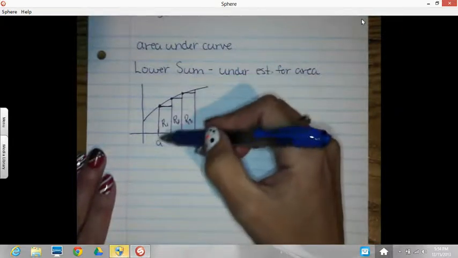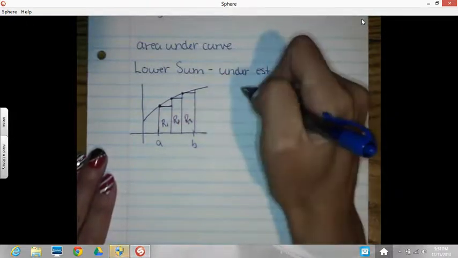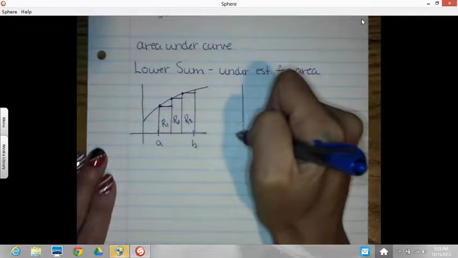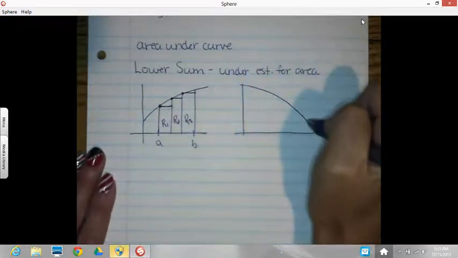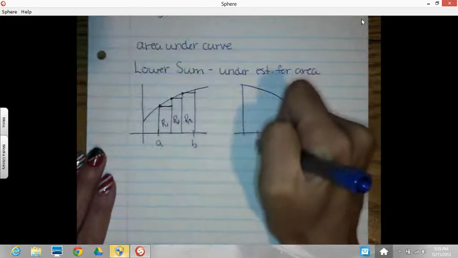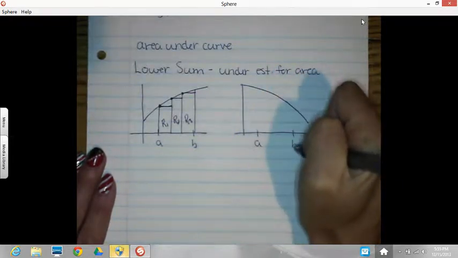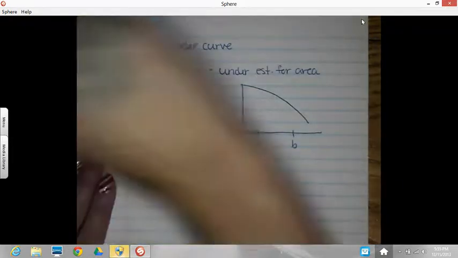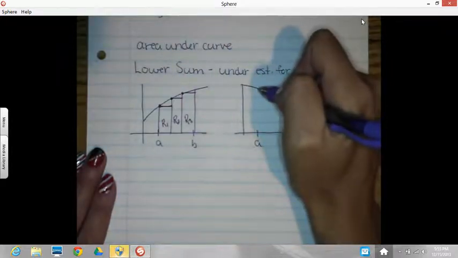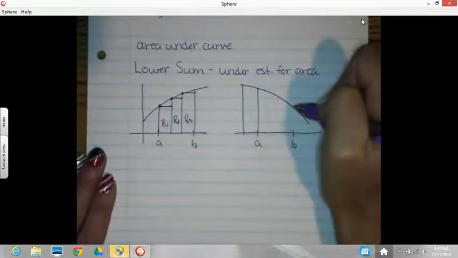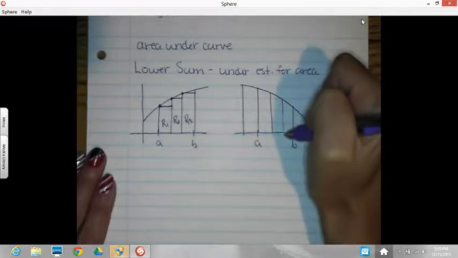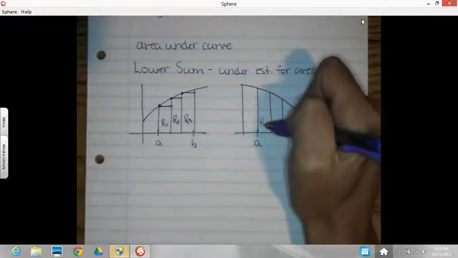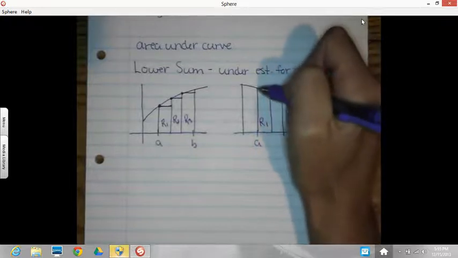Now, for a lower sum, is it always going to be the left edge? Well, the answer to that's no. Say the curve looked like this, and I had a region from A to B, and I wanted 3 rectangles. Now if I look at rectangle 1 here, I have a choice of the left edge or the right edge.